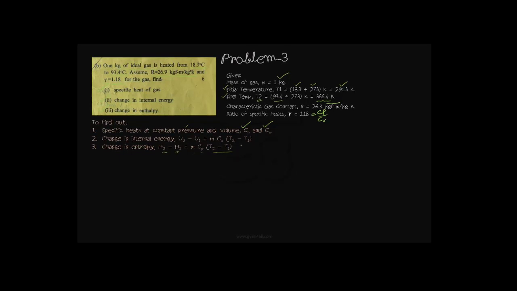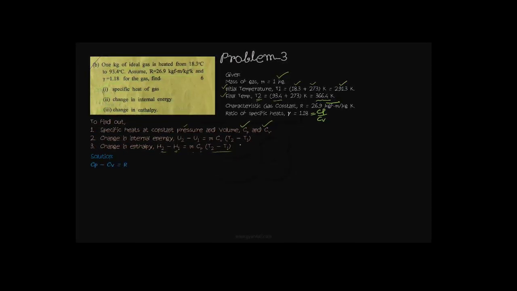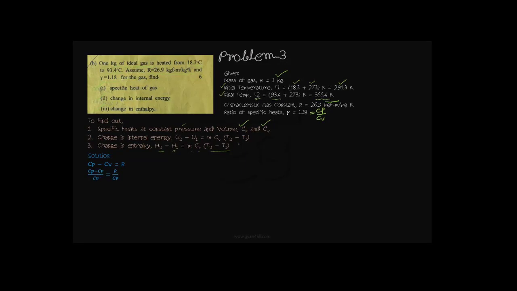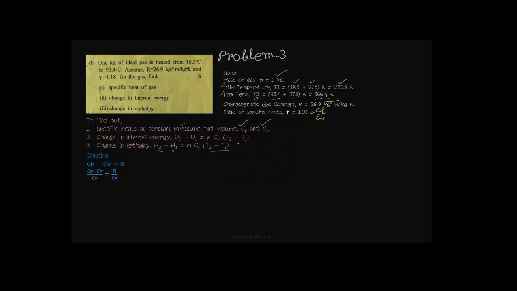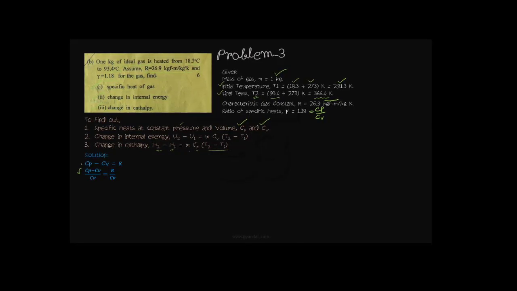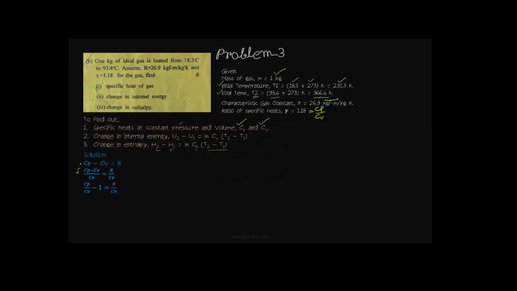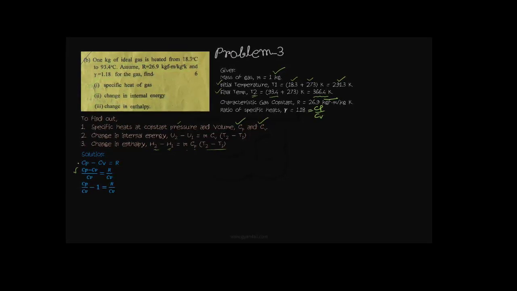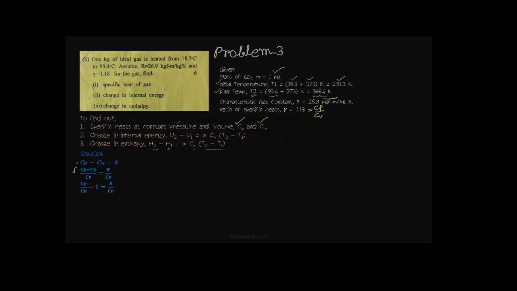So we have a relation between Cp and Cv with R, and that is Cp minus Cv is equal to R. If we divide both sides by Cv, then this equation is like this: (Cp minus Cv) divided by Cv equal to this one. So by simplifying this, Cp by Cv minus 1 equal to R by Cv. But Cp by Cv is equal to gamma.